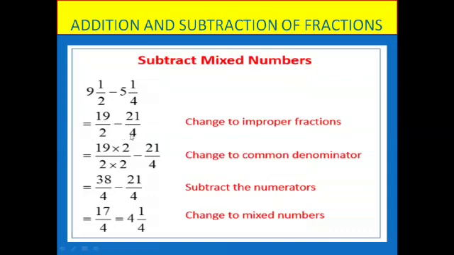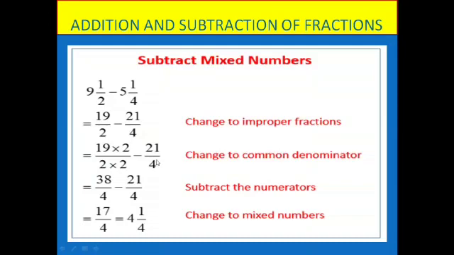Now we will take the LCM of 2 and 4, which is 4. So 19 upon 2 can be written as 19 into 2 over 2 into 2, minus 21 upon 4, which will be 21 upon 4 because the LCM was 4.